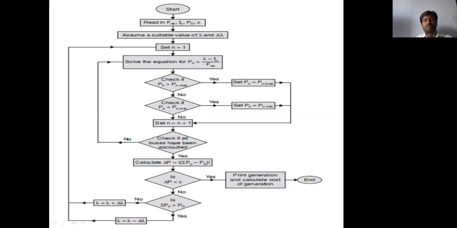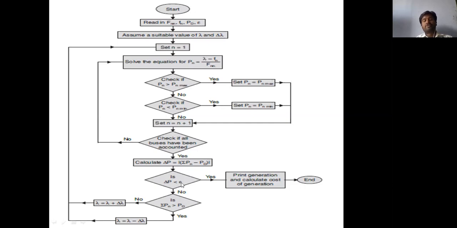If all the buses have been accounted, the condition is satisfied, and we calculate the change in power, delta P, equal to the modulus of the summation of Pn minus Pd. Check if delta P is less than epsilon, where epsilon is a pre-specified value.